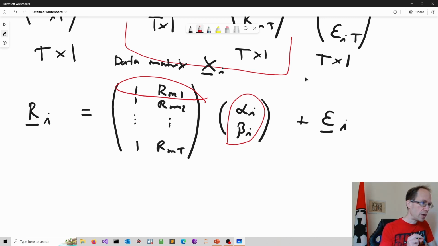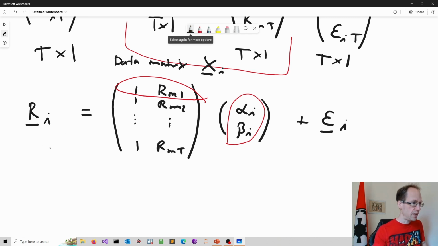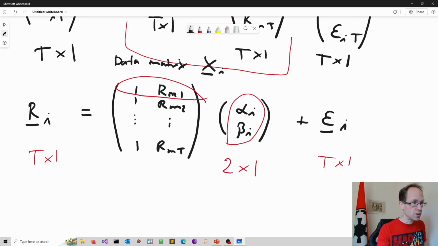Now let me have a quick look at the dimensions. So we already noted in terms of dimensions that the column vector on the left hand side is T times 1. We know this is also T times 1. Obviously this is now a column vector which is 2 times 1. I have 2 rows, 1 column. So here I have in total T rows and 2 columns.